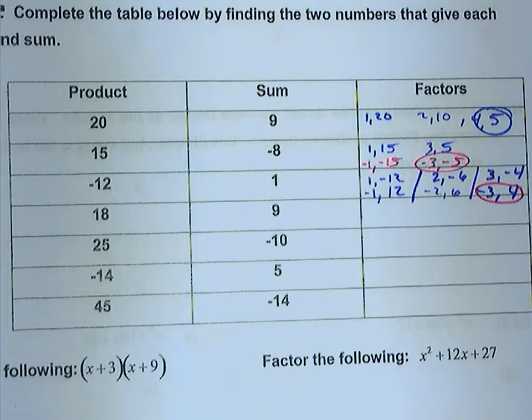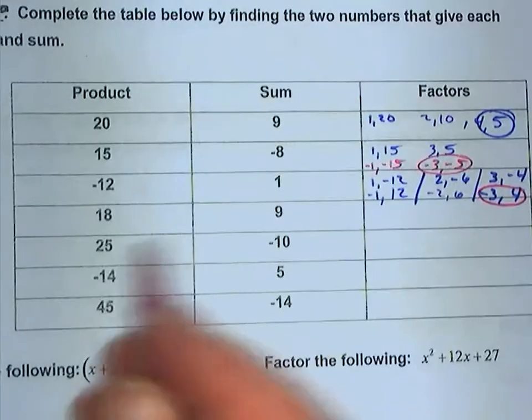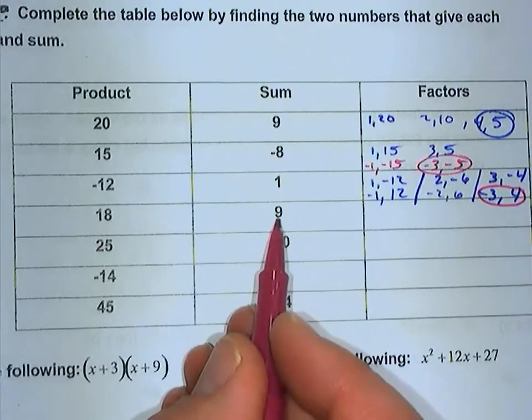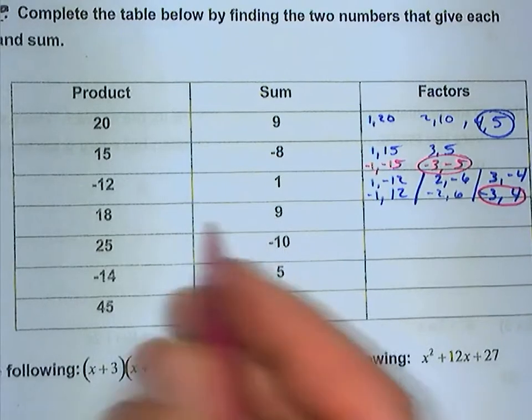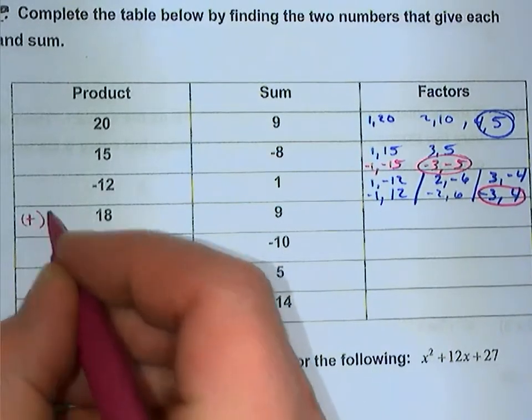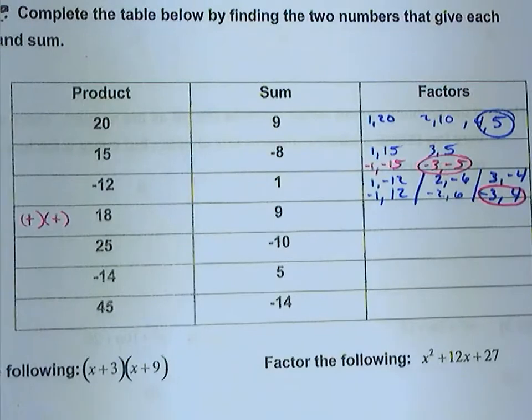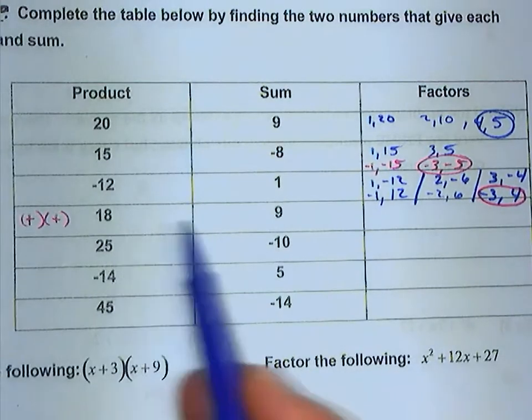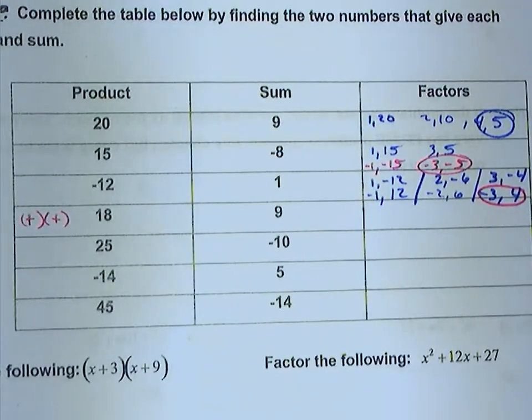Good stuff? All right, so factors of a positive that add up to a positive, guess what? They're both going to be pluses here. Can you guys think of factors of 18? 1 and 18, 18 and 1, do those add up to 9?